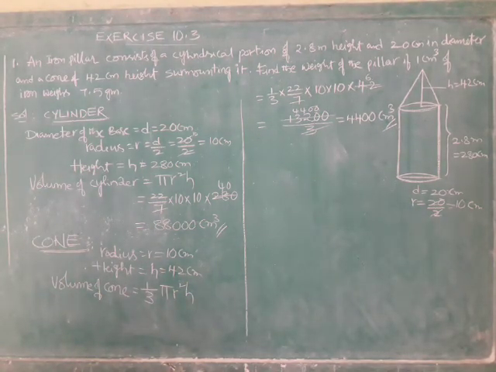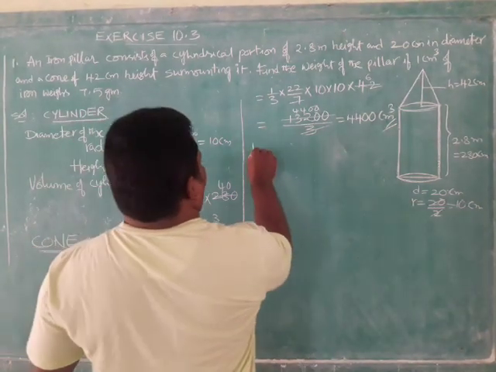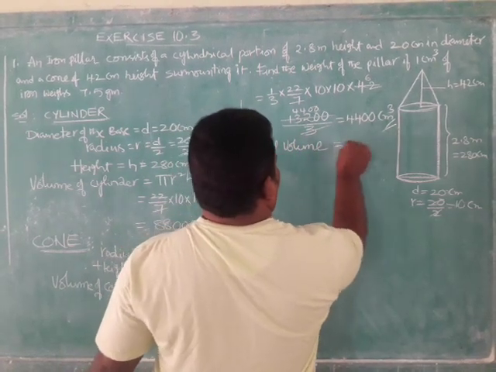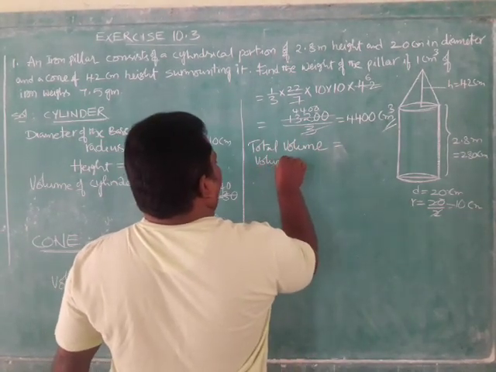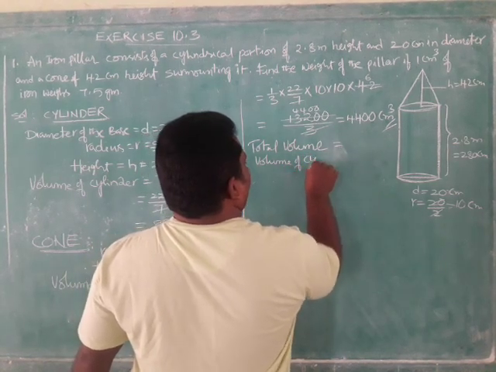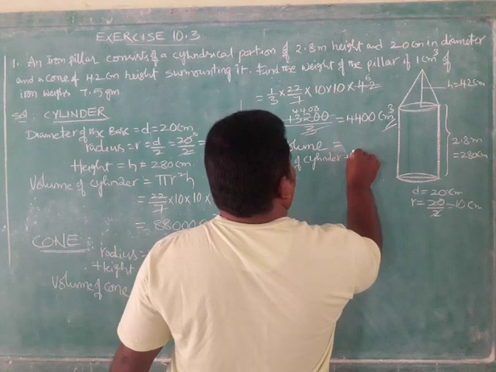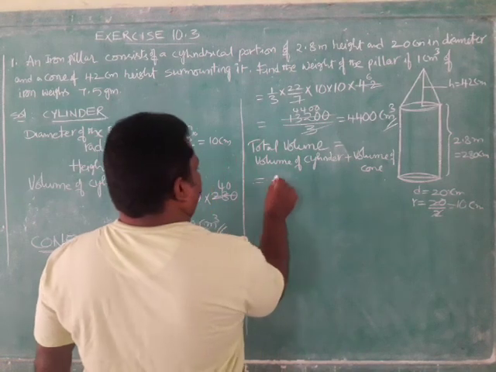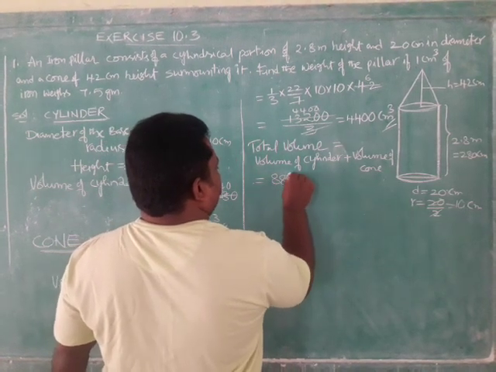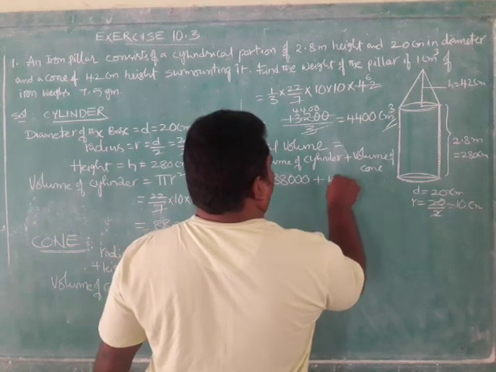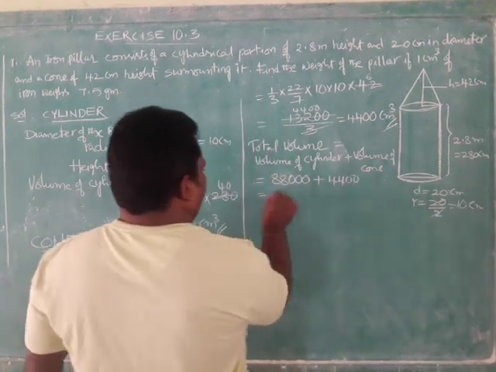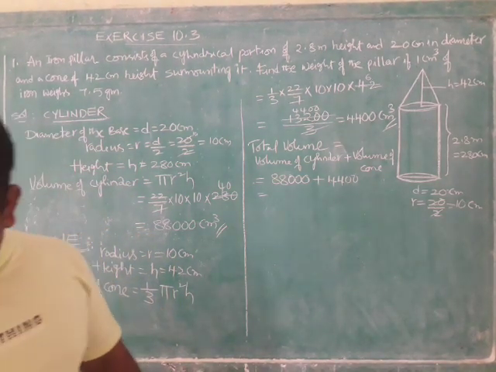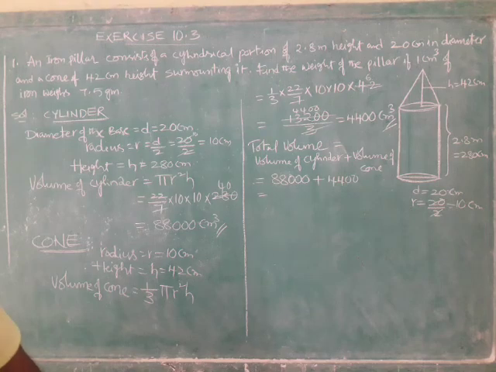Now see, children, the total volume of the pillar. Total volume is equal to volume of cylinder plus volume of cone, which is equal to 88,000 plus 4,400.